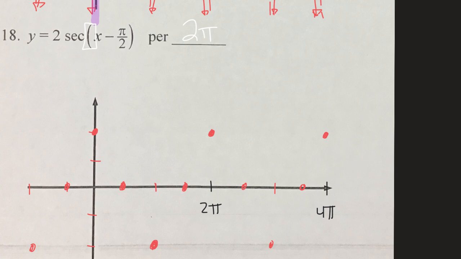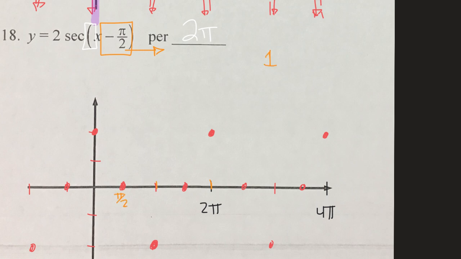So now we're going to do our last thing, and that is incorporate into here our phase shift. We're going to move all of these points pi over 2 units to the right. So looking at my graph, how many spaces am I going to be moving over? If this is 2 pi, this is 1 pi, this is pi over 2.